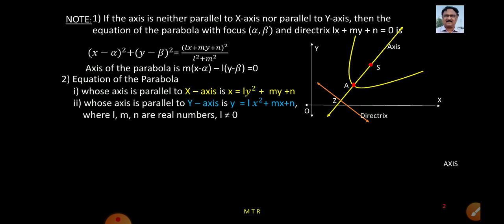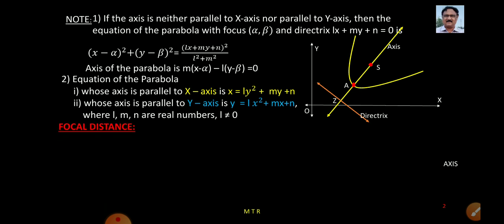The equation of the parabola whose axis is parallel to the x-axis is x = Ly² + My + n, that is, x is a quadratic expression in terms of y. The equation of the parabola whose axis is parallel to the y-axis is y = Lx² + Mx + n. That means if the axis is parallel to the y-axis, y is a quadratic expression in terms of x. If the axis is parallel to the x-axis, x is a quadratic expression in terms of y, where L, M, N are real numbers and L is not equal to 0.